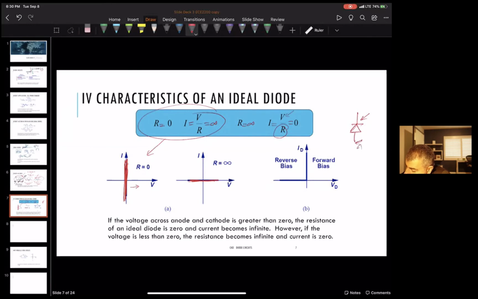If the anode is higher than the cathode, so you're out here, that diode looks like a short. Okay, it looks like a switch. If the anode is lower than the cathode, then it looks like an open circuit. So it looks like this guy.